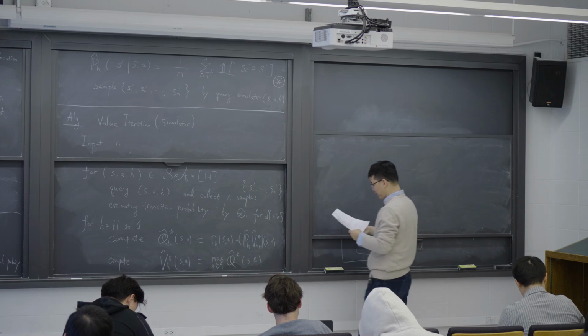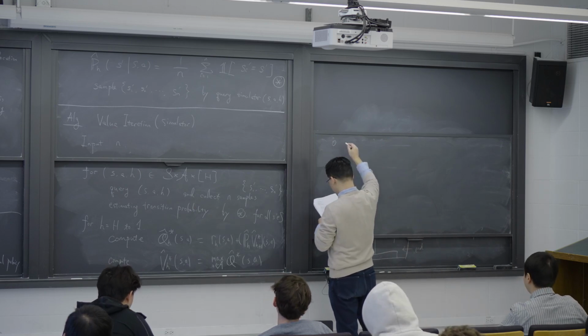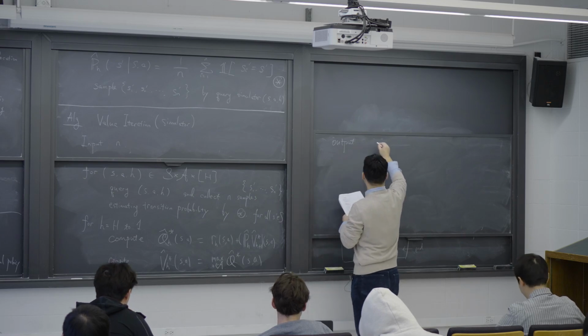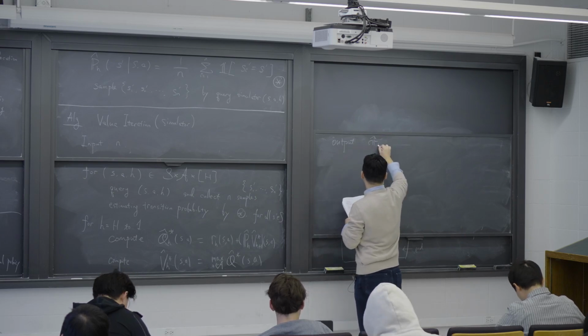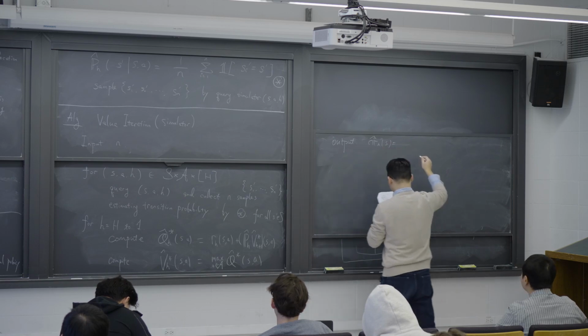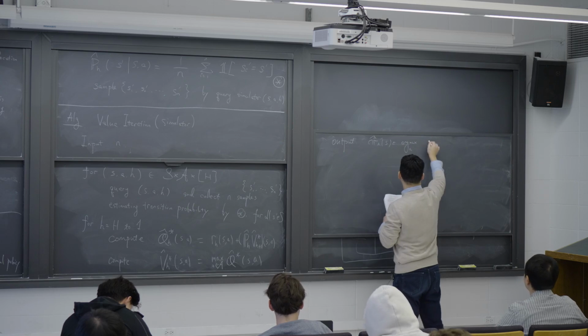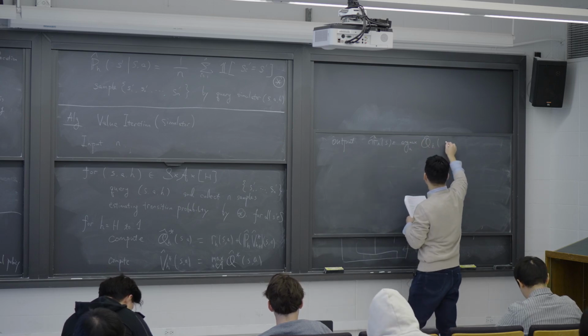And the output is just a greedy policy with respect to this Q hat, which is we output this pi hat_h(s) equal to just the argmax over a of Q hat_h(s, a).